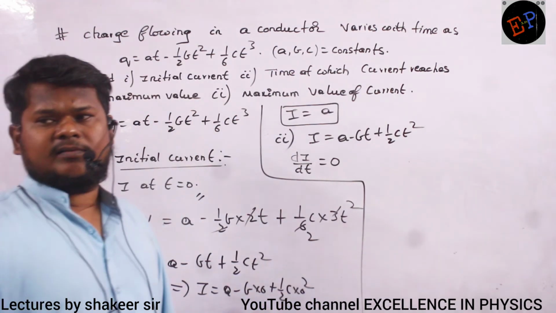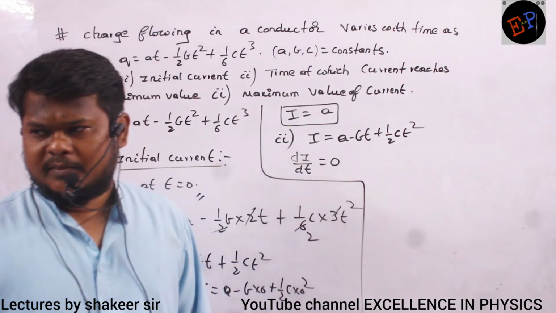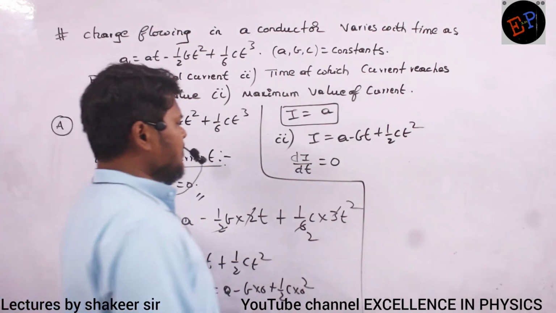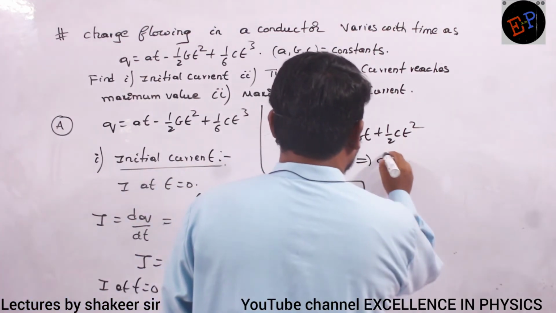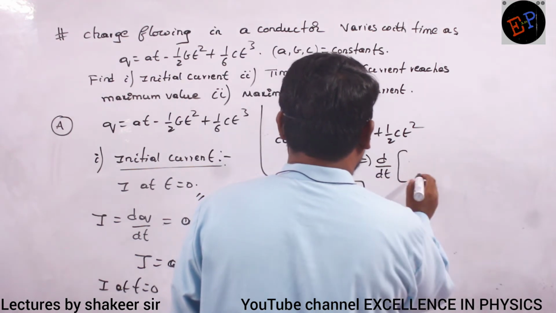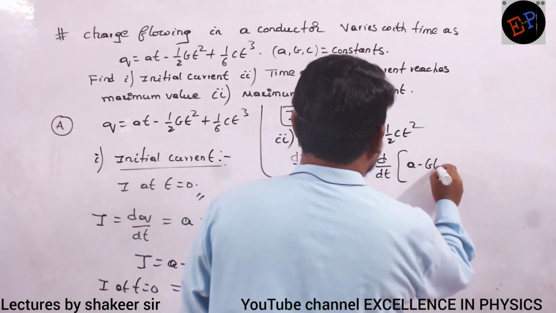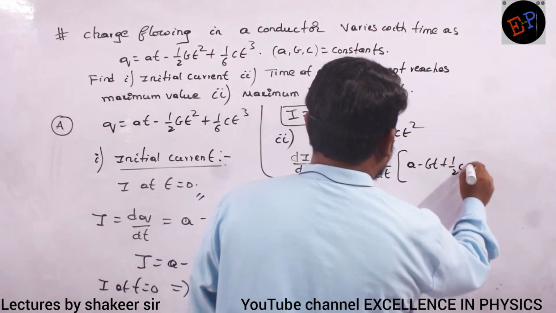Then at that instant of time my current will be maximum. Is it clear? So therefore do the differentiation. So differentiation of I value is how much? A minus Bt plus half Ct square.